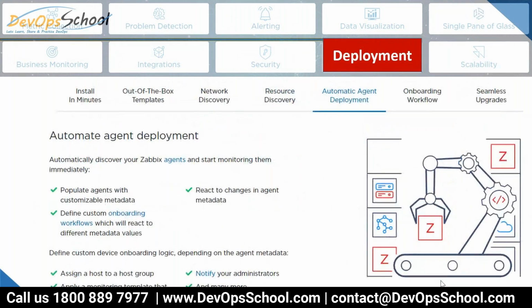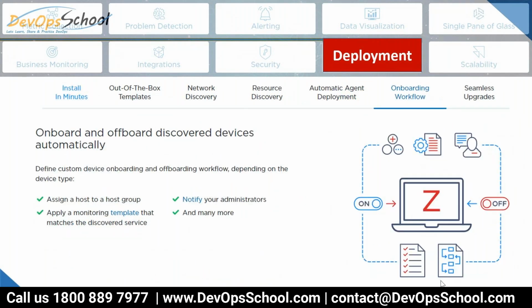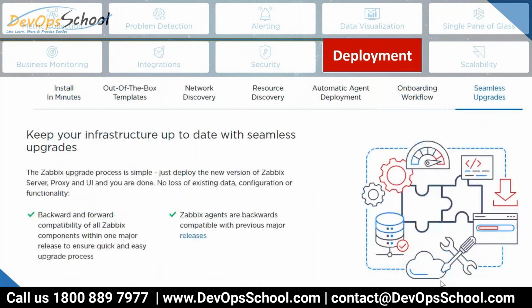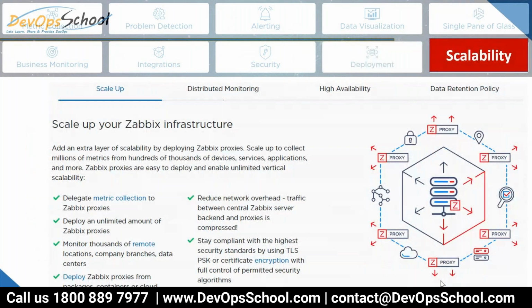If you want to automate deployment using Ansible, Chef, Puppet, and others, you can do that. Onboarding workflows, you can define your own workflows and customize them, and seamless upgrade. And at the last, why you should opt for Zabbix: scalability. When you scale your infrastructure, Zabbix can also scale along with you.